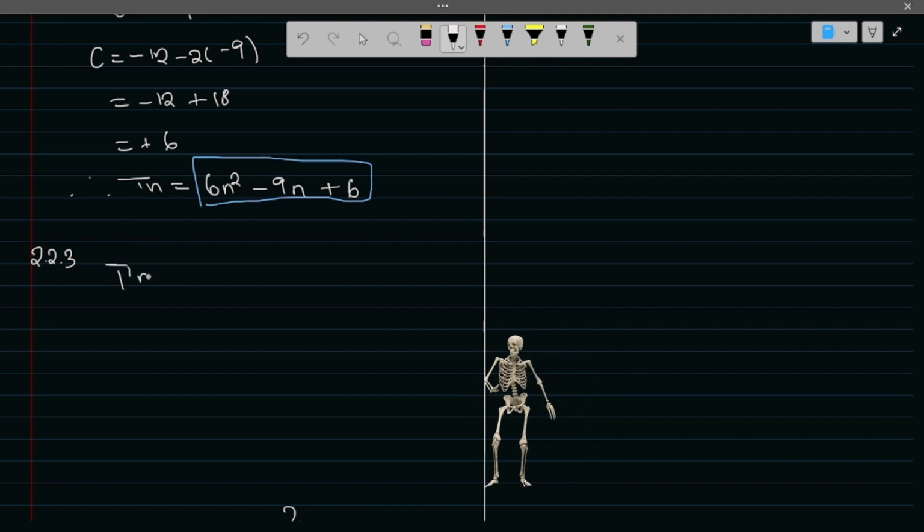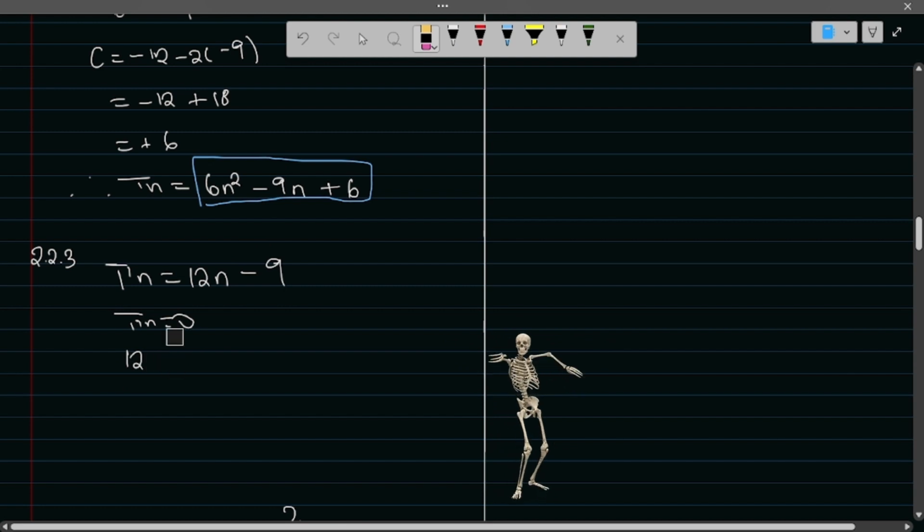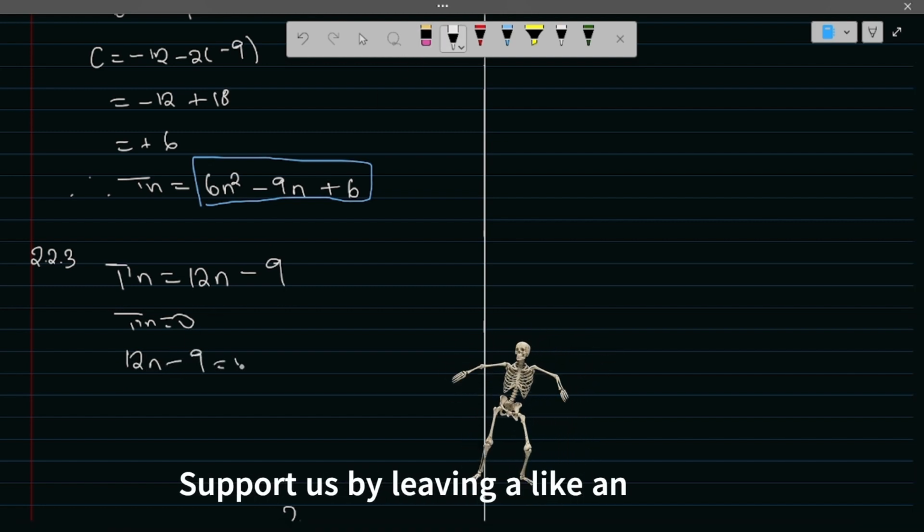T prime of n is going to be 2 times 6, which is 12n, minus 9. Then let this equal 0. So T prime of n is equal to 0, so 12n minus 9 is equal to 0.